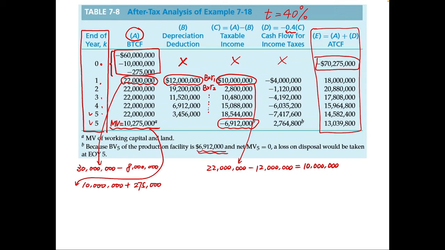Then for every year, you have a net cash flow, which is positive because you have 30 million as your income and 8 million as your expense. 30 minus 8 is positive 22 million. And in the 5th year, you also have some market value left. Although your facility market value is 0, you still have the land and you still have the workforce. They keep their value. So that's the total market value of the whole project left at the end of the 5th year.